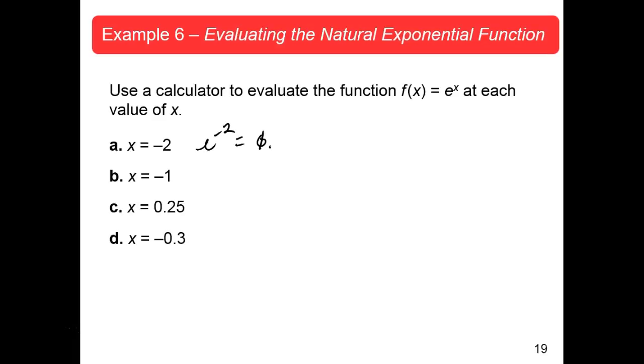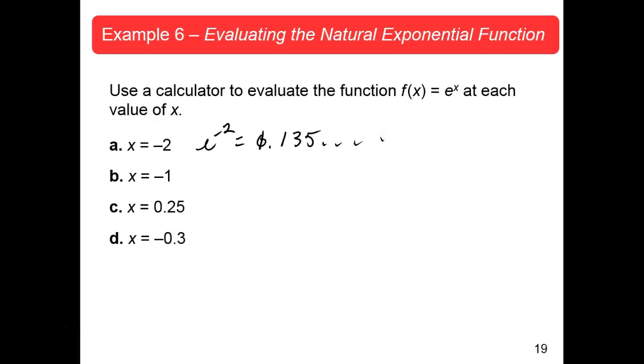It's the negative. Find your e. It's 0.1355. I got it. You got that. That was 0.135335. Okay. So there's e to the minus 2.